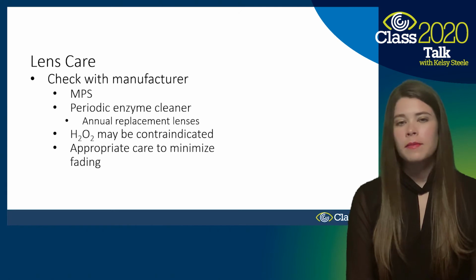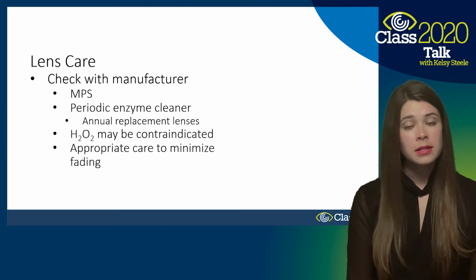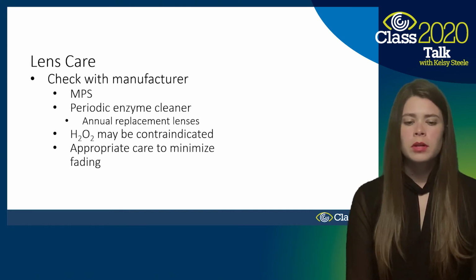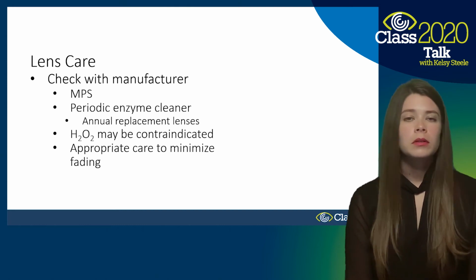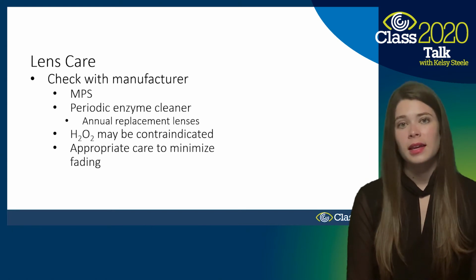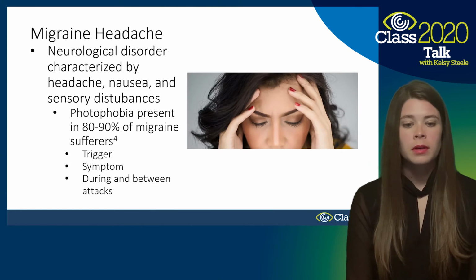Hydrogen peroxide may be contraindicated. For some lenses, it can help leach out some of the tint, so you'll want to check with your manufacturer for that. You just want to make sure that you are talking to your patient about appropriate care so that their lenses can stay as nice and colored as the first day they got them and last for as long as you're hoping that they will for the patient, and just to minimize fading.